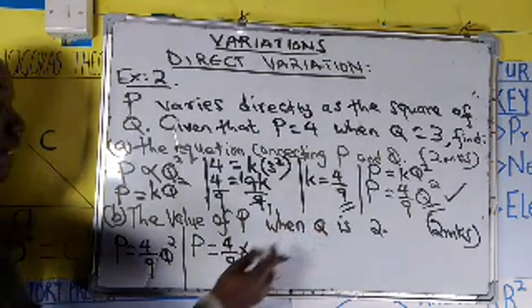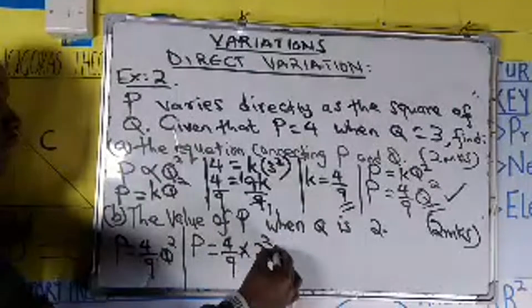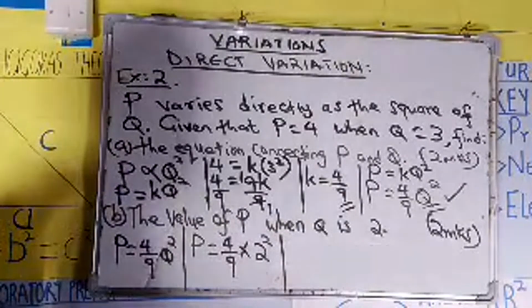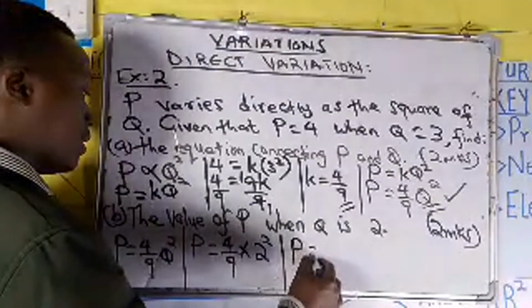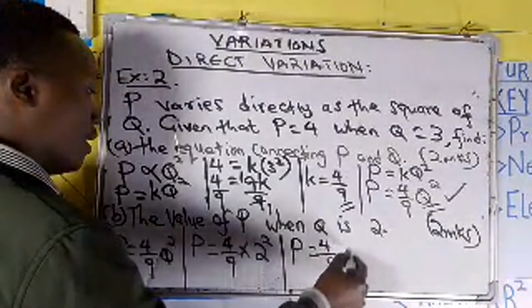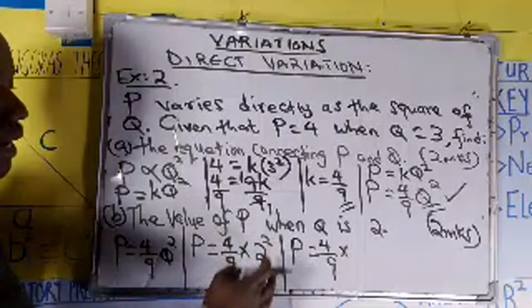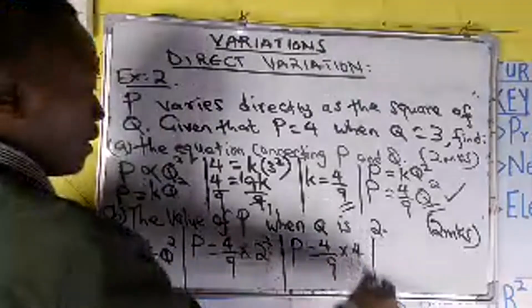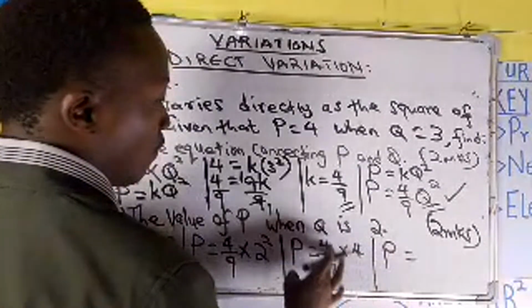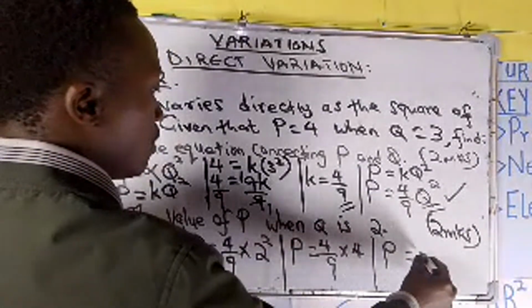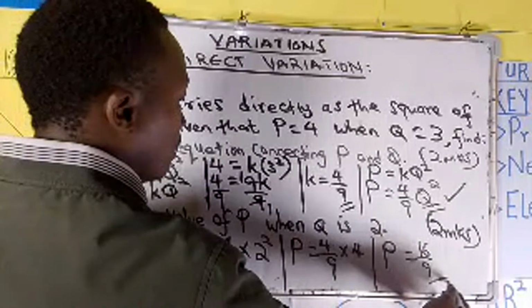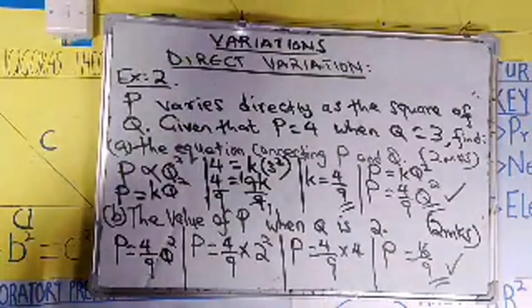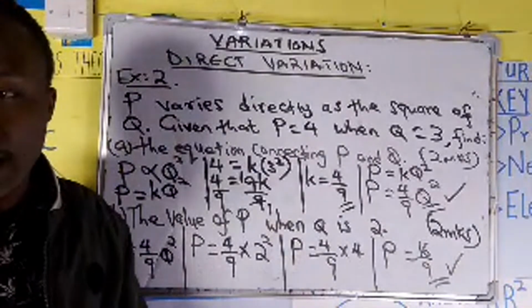Our Q squared means 2 squared, because we said our Q is equal to 2. So P is equal to 4 over 9 times 2 squared, and 2 squared is 4. So P is equal to 4 over 9 times 4, which is 16 over 9. We leave it there at 16 over 9.